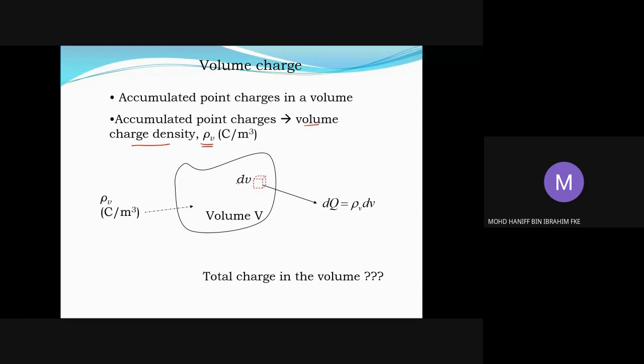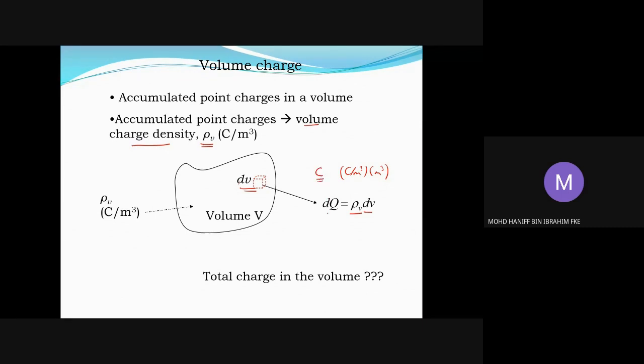Right, if we consider this volumetric charge structure with a small volume dV, the amount of charge dq contained inside this dV element can be written as rho v multiplied by dV, because rho v is in coulombs per meter cubed and dV is in meter cubed. When we multiply these two parameters, we get the charge in coulombs.